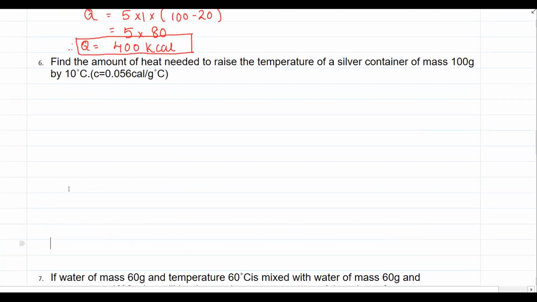Find the amount of heat needed to raise the temperature of a silver container of mass 100 gram by 10 degrees Celsius. We want to find out the amount of heat energy needed to increase temperature of silver container. Mass is given.